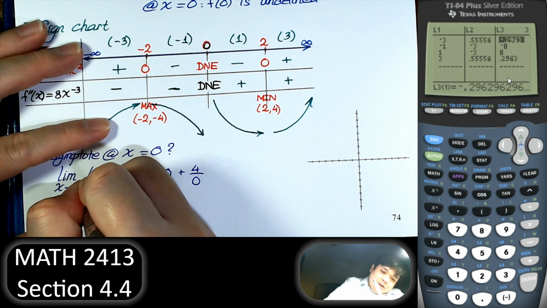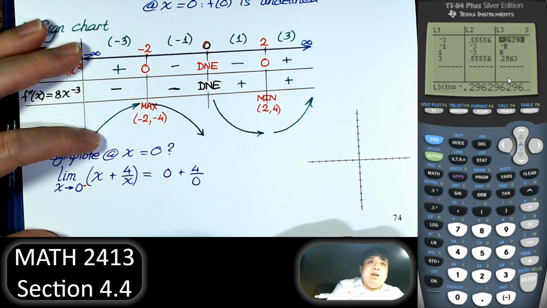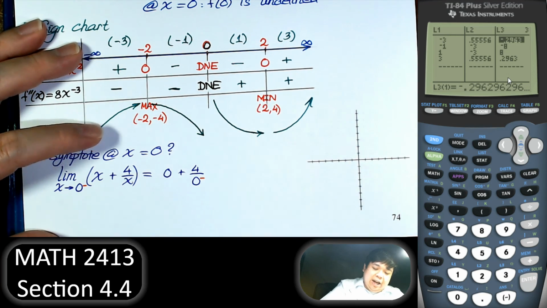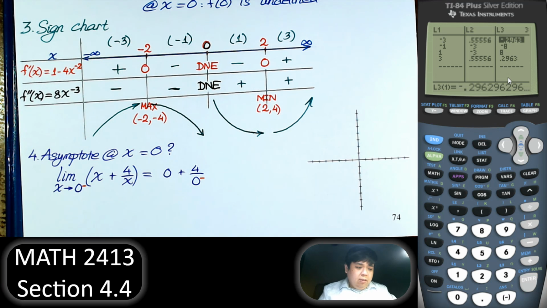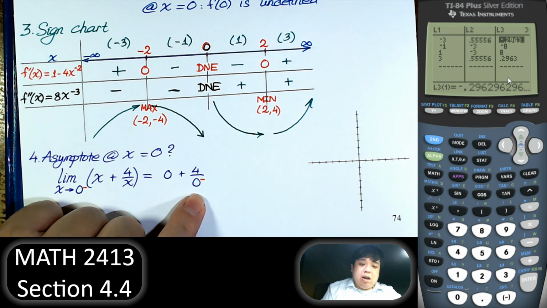So let's say we look at the left-hand side of 0. Now, a finite number divided by something that goes to 0, so what do we have here?